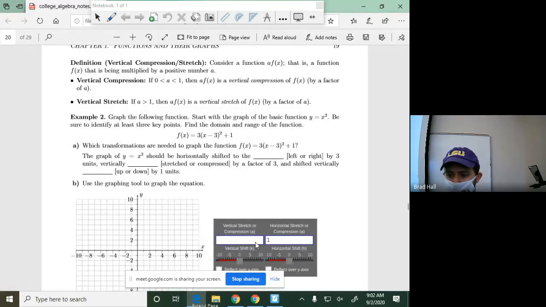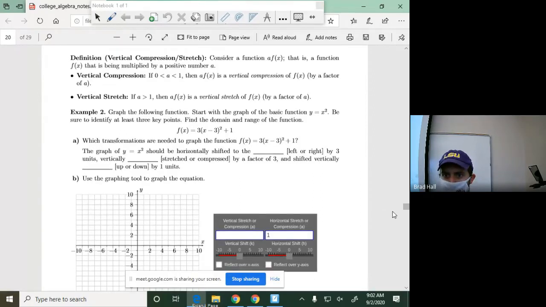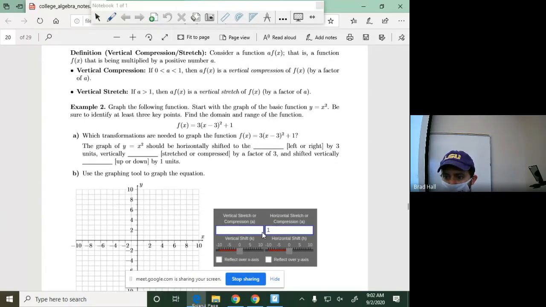Notice this black box down here, and you should probably get familiar with it because you will see it quite a bit. It will construct the graph for you when you type in a few numbers that you found. Notice it says vertical stretch or compression, which means you don't have to know which one's which. It kind of does it for you.